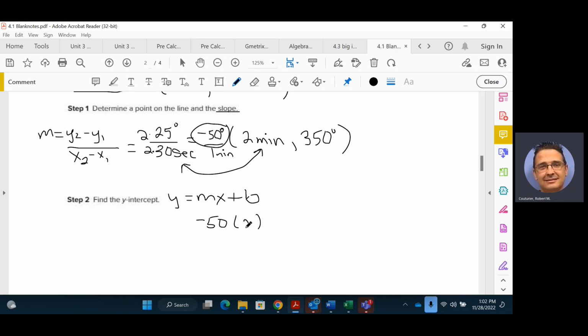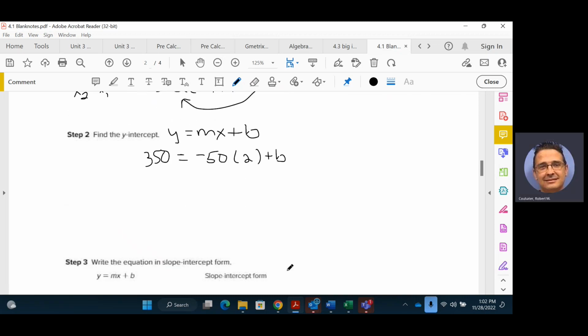Our x was 2 minutes. And our y, our coordinate, was 350. Now we evaluate. Here we go, these two here, negative 100.